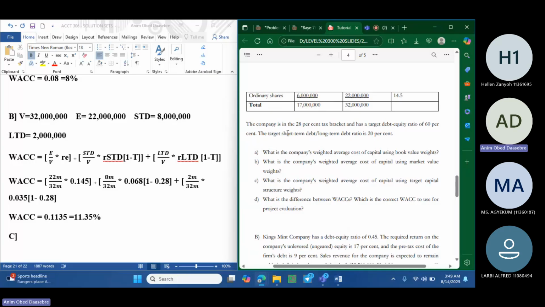And the short-term debt to long-term debt ratio is also 20%. So that is what you are going to use to find the weights. You need to find the short-term to long-term debt ratio, so that we can use it to find the target weights.